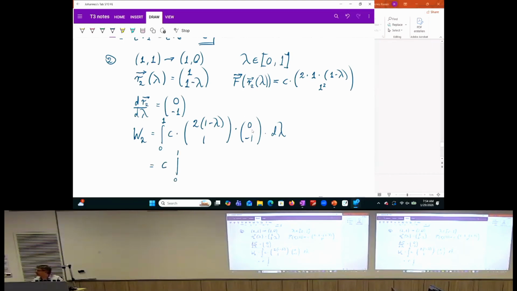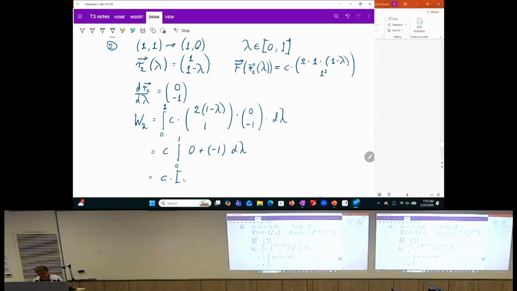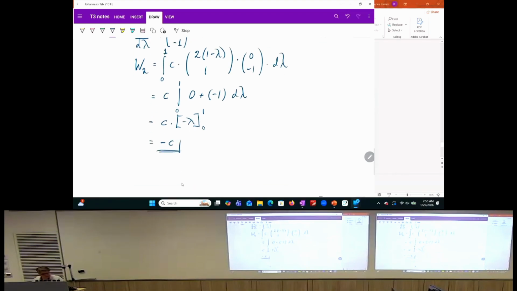This here times 0 is 0. And this here times minus 1 is minus 1. And that is c times, if we integrate that, minus lambda, integration boundary from 0 to 1, that is minus c. This is the result of the second stretch.